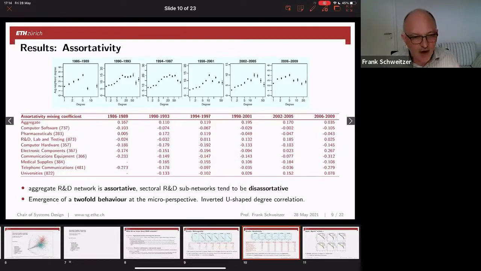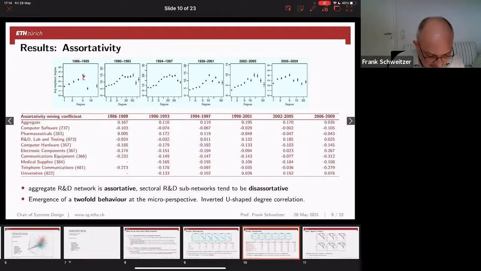If I am a small firm with a few partners and collaborate with another firm that also has only a few partners, then this is called assortative behavior, because nodes with a small degree connect to each other, and nodes with a large degree also connect to each other. That's called assortative behavior. Nodes with similar degree are connected.